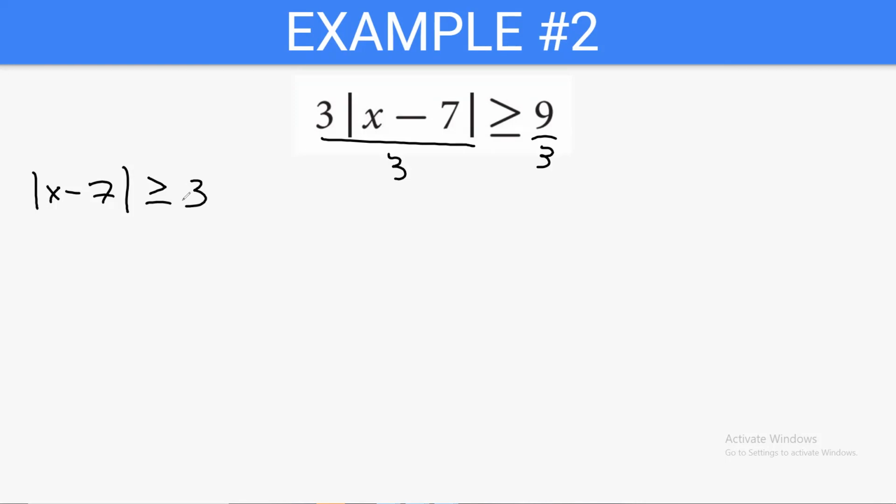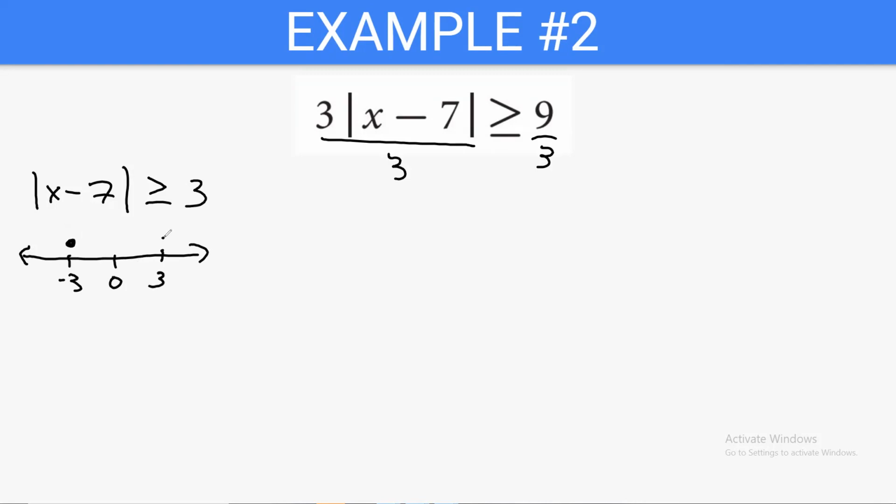So if the absolute value is isolated, again, I think of the definition, the distance away from 0 is greater than or equal to 3, right? If I put it on a number line and think of it on a number line, the distance away from 0 is greater than or equal to 3.